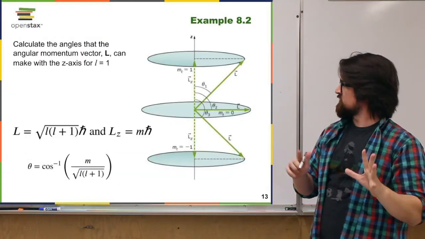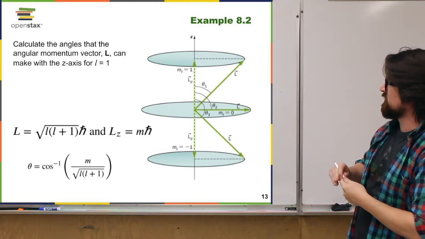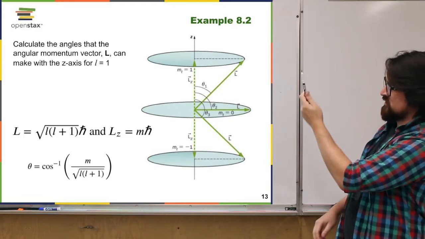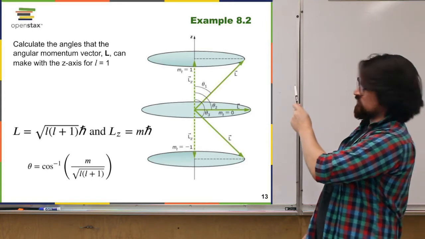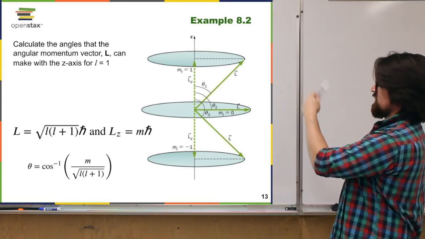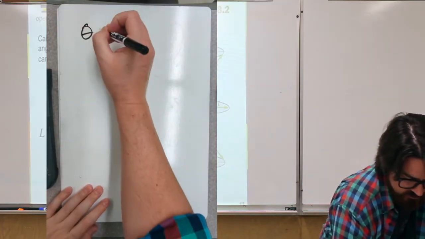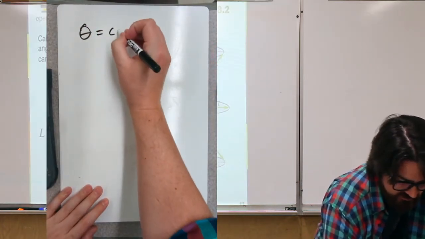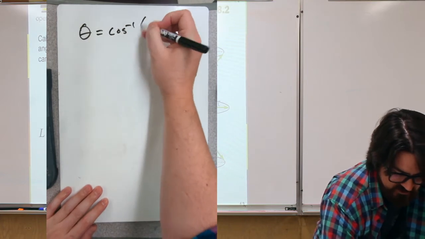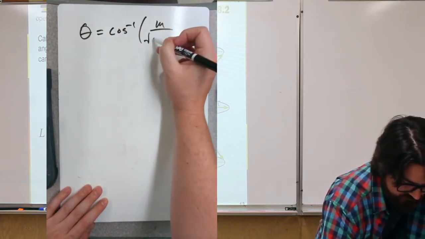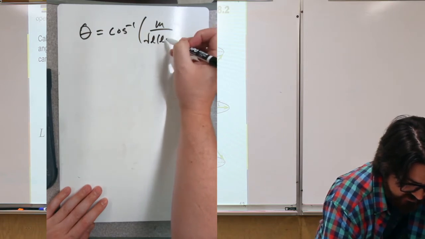So let's just look at an example where L is going to be 1. What are the possible angles that the angular momentum of this electron could make from the z-axis? From our last slide, just jump right to this equation for the angle from the z-axis, theta.